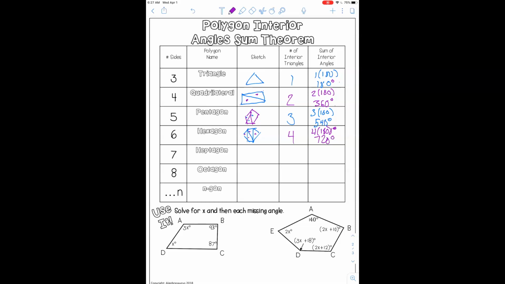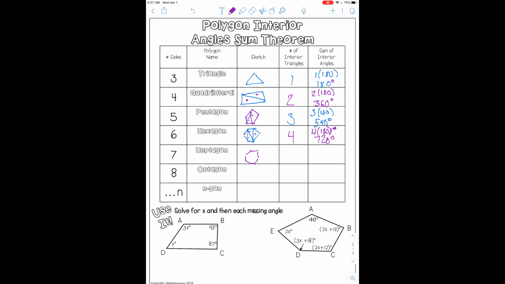Then we have 7 sides. We have a heptagon. See if I can draw that. Something like that.